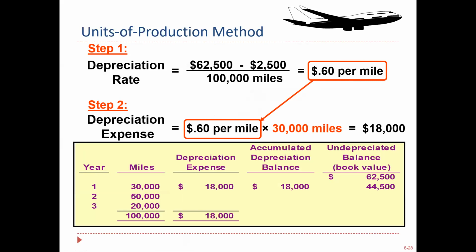That gives 60 cents a mile. We bought this particular item for 62.5, we have to subtract the 2.5, and we expect this thing to last for 100,000 miles. So every mile we drive this car, we multiply it by 0.6, and that becomes the depreciation expense for that year. With this method, you have to keep track of the miles.